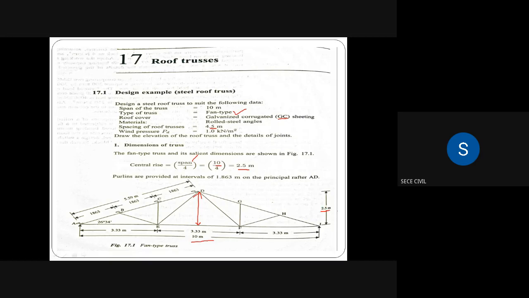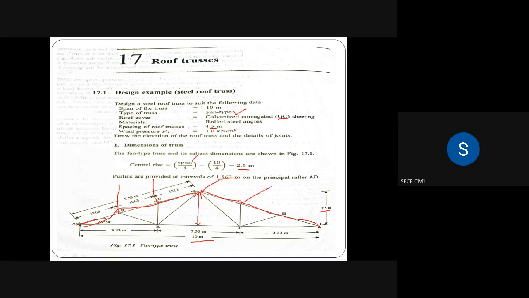You can see here, purlins are provided at intervals of 1.6863 meter on the principal rafter. This inclined member is termed the principal rafter, and this is also a principal rafter. Purlins are provided in this way.